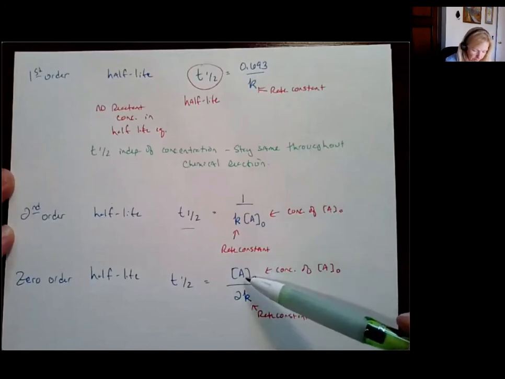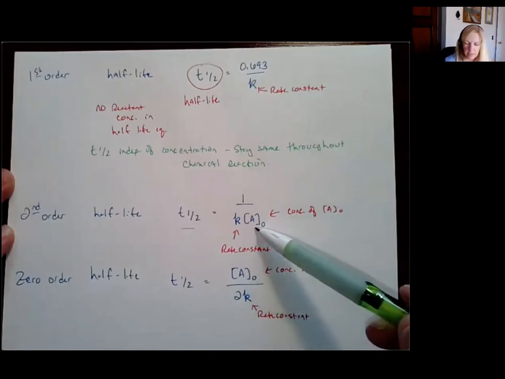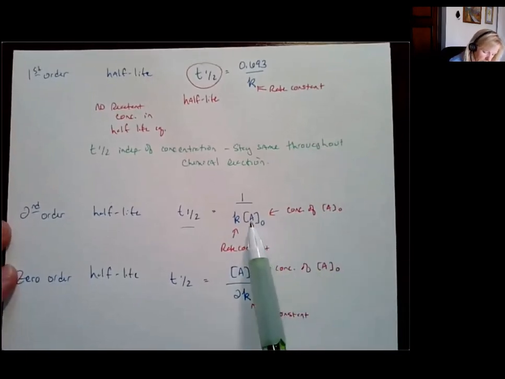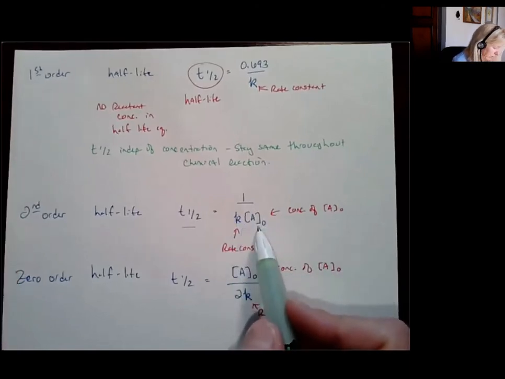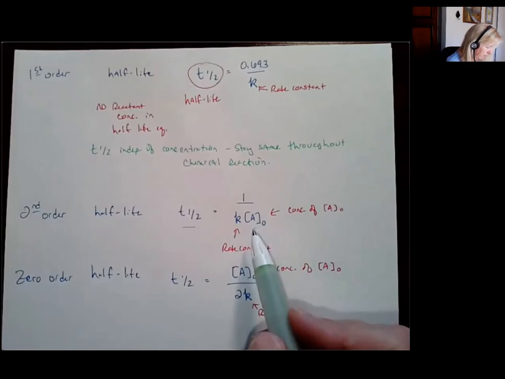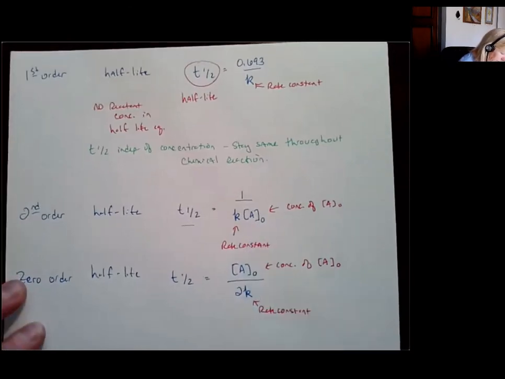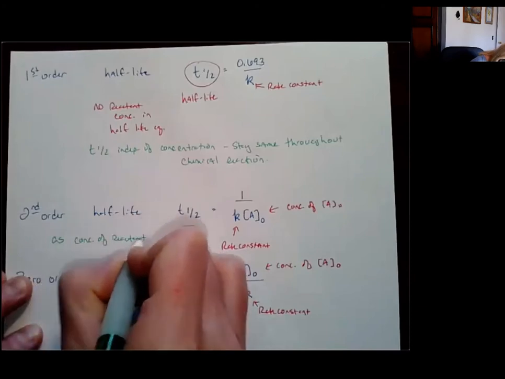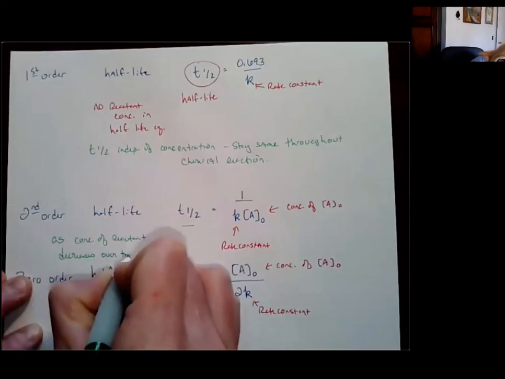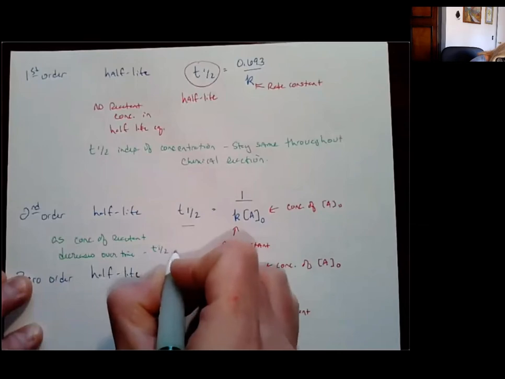So my half-life is going to be affected as the concentration of my reactant drops. So here, as my concentration decreases, as that reaction proceeds, this is going to get smaller and smaller and smaller. So what is that going to do to the half-life of this equation? For second order, as the concentration of my reactant decreases over time, my t1/2 is going to get longer.